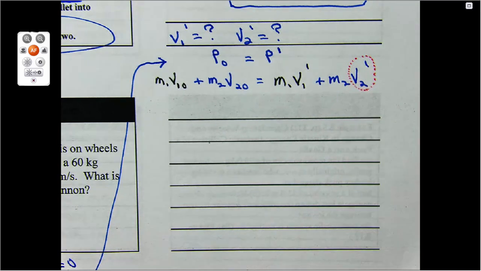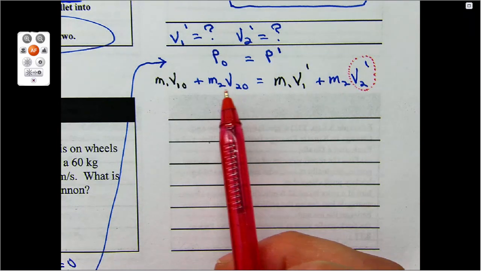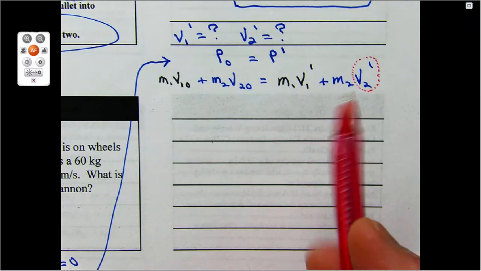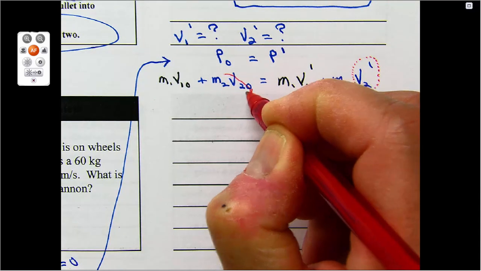So first of all, what's zero for this? All right, so this here is 0.